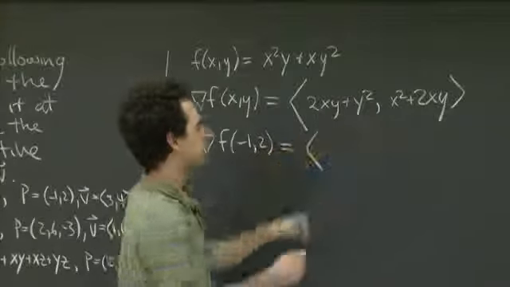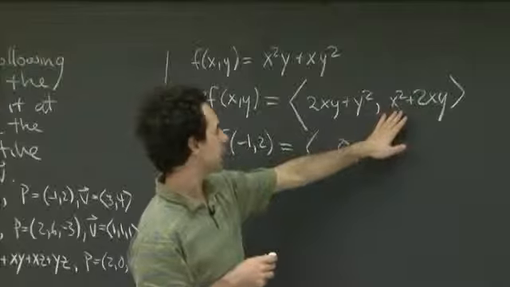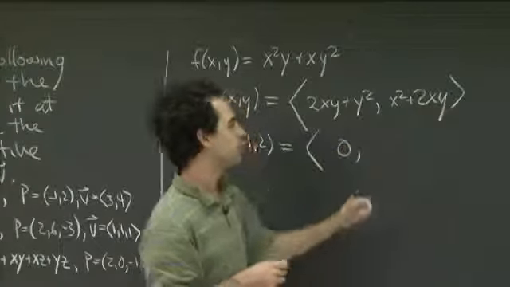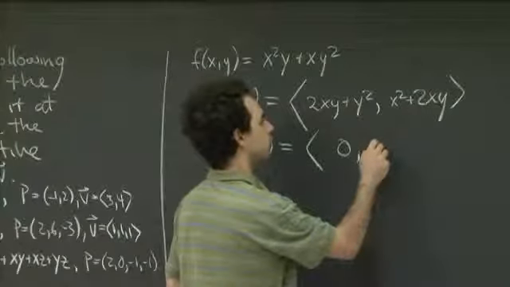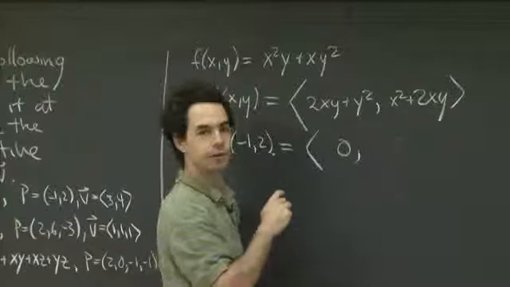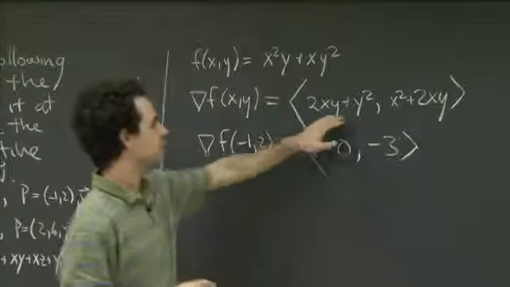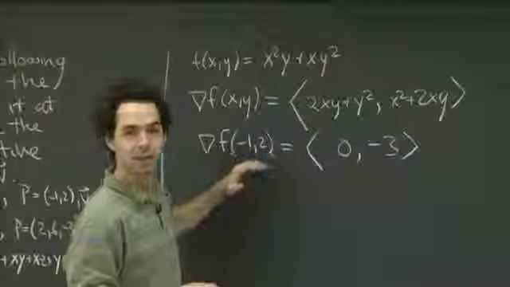So that's minus 4 plus 4, which is just 0. And the second component is minus 1 squared plus 2 times minus 1 times 2. So that's 1 plus, nope, 1 plus negative 4. So that's negative 3. All right. So this is the gradient at the point minus 1, 2.